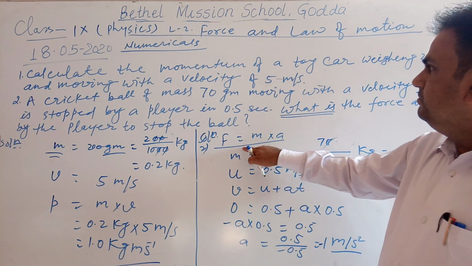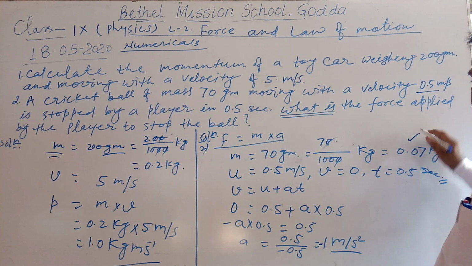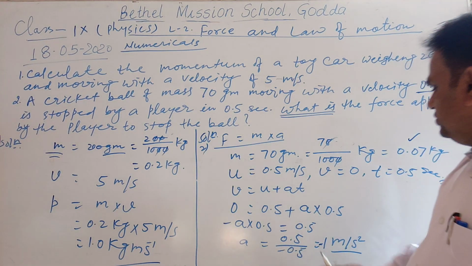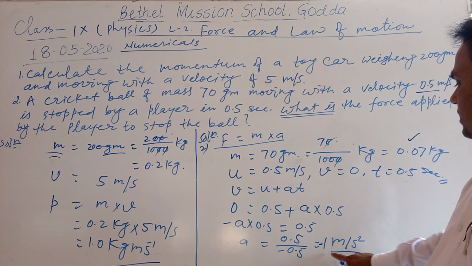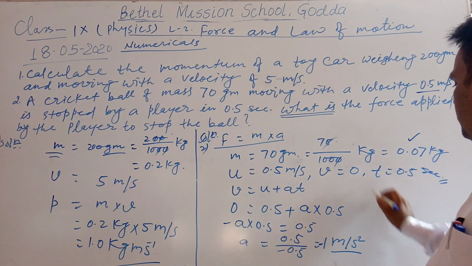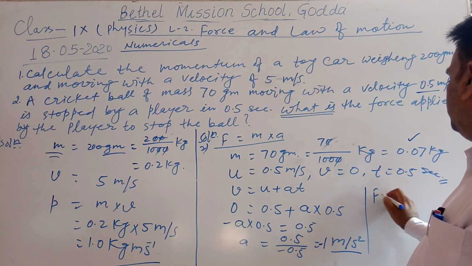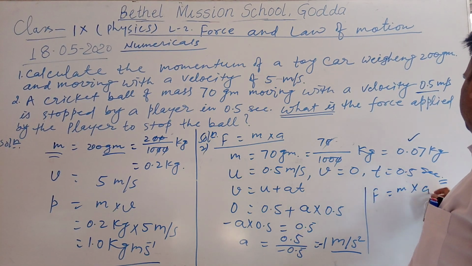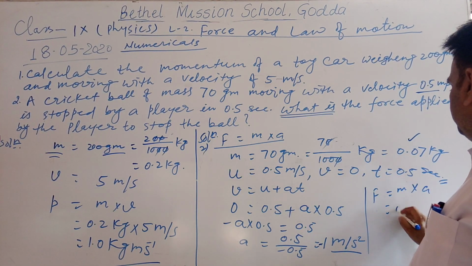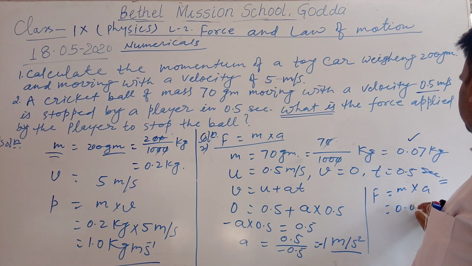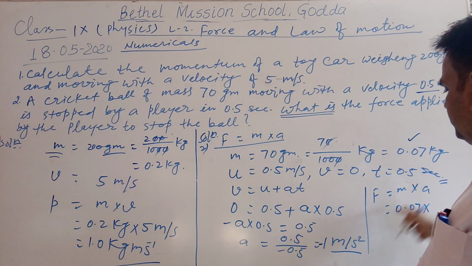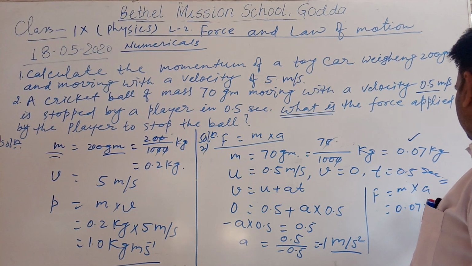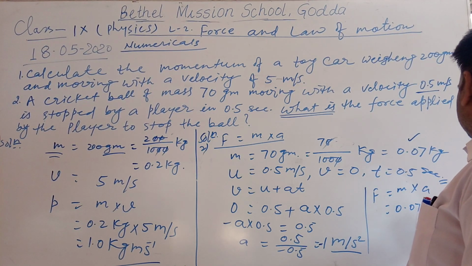In this case, we have mass 0.07 kg and acceleration of 1 meter per second square. So force F equals mass into acceleration, m into a. m is 0.07 and acceleration is 1 meter per second square.